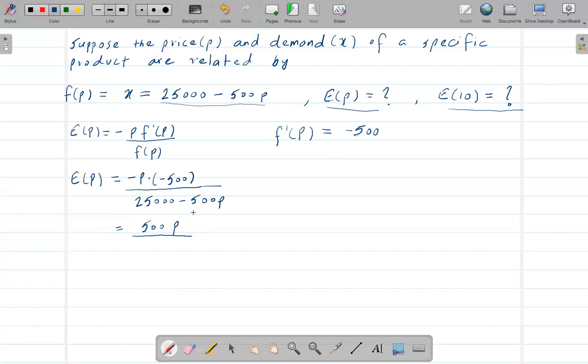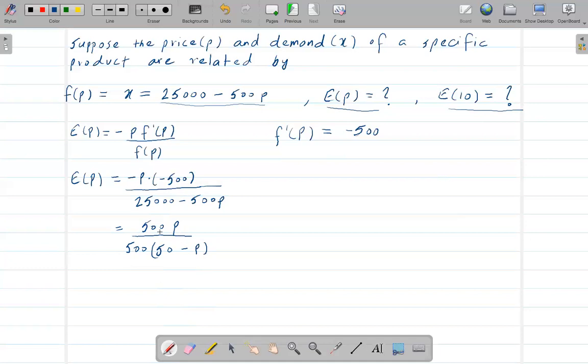Over, so here, since we have to write our answer in a simplified version, we can factor out something from these two terms in the denominator, 25,000 minus 500p. It looks like I can factor out 500. If I factor out 500, then the remaining terms will be 50 minus p.